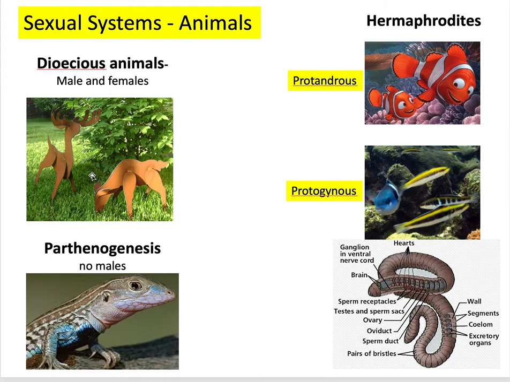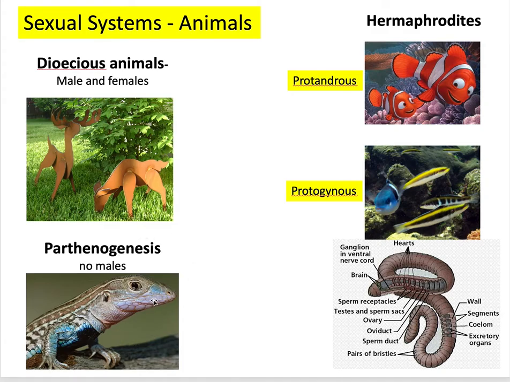And so most animals are dioecious, males and females. But there are some odd assortments of other strategies. So first of all, there's what we call parthenogenic species, which is there are no males, right? So female parthenogenesis means virgin birth, so there are no males to fertilize eggs.